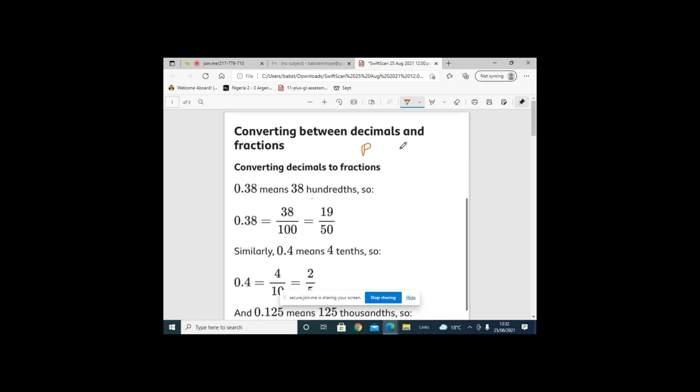Let me see, Placidia should do 24 over 300 as a decimal. Then Anne should do 24 over 200.